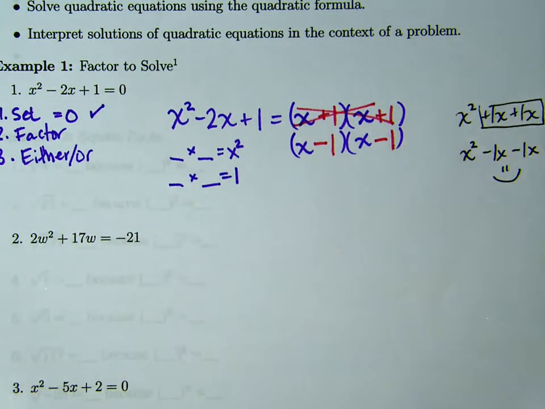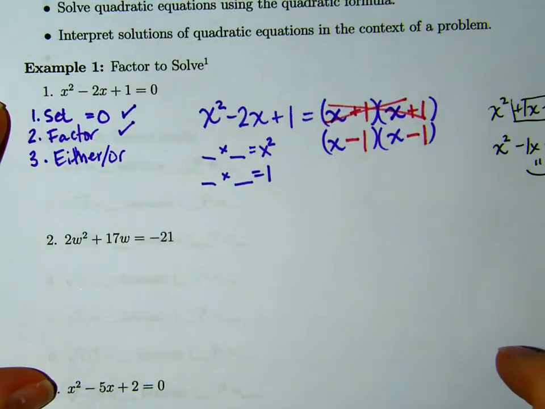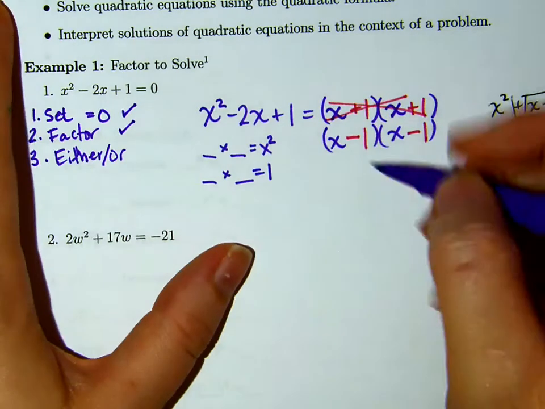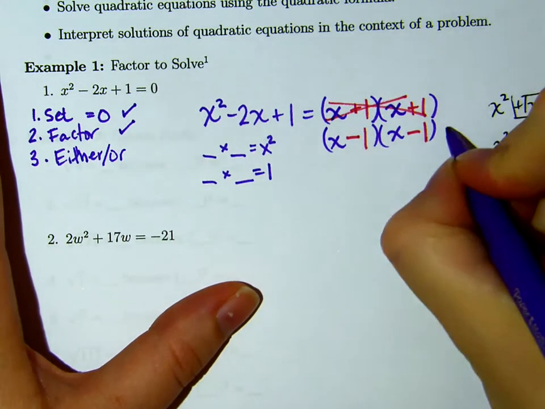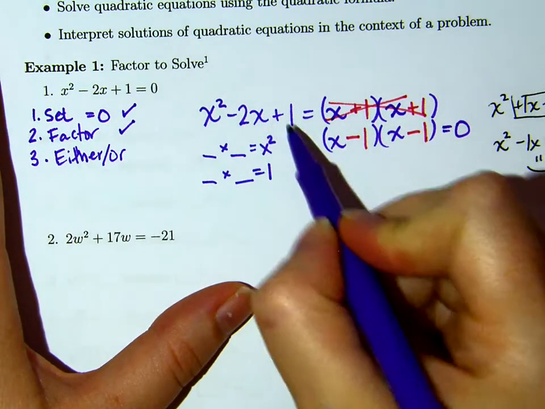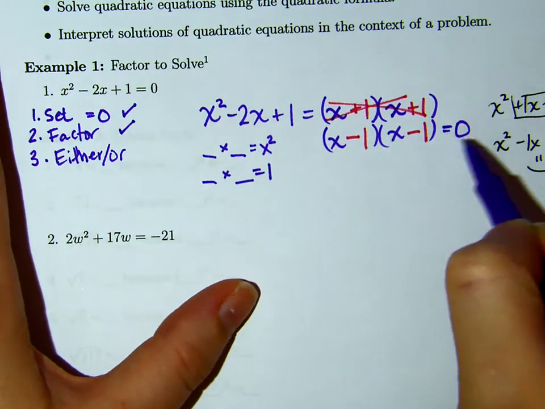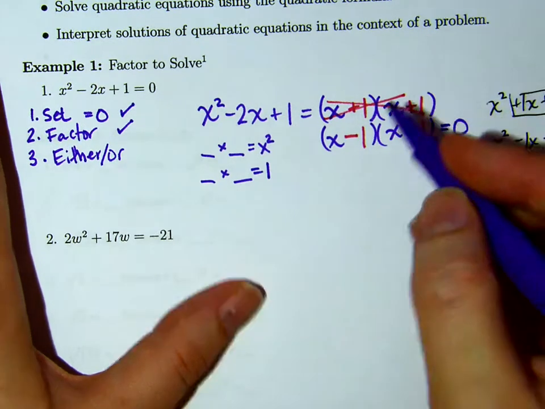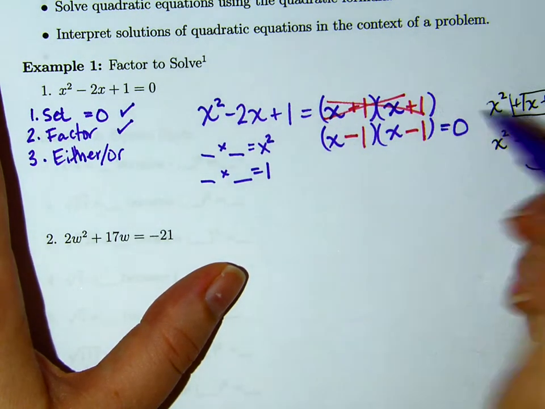So now we do our either or. Because now we have the situation where x squared minus 2x plus 1 is equal to the factor x minus 1 times the factor x minus 1, and that we know is equal to 0, then we can say either x minus 1 equals 0 or x minus 1 equals 0.